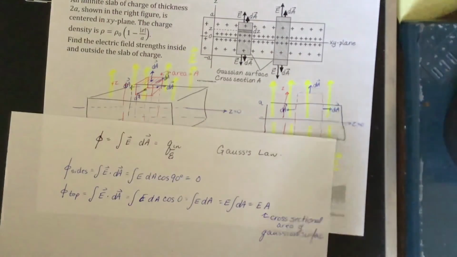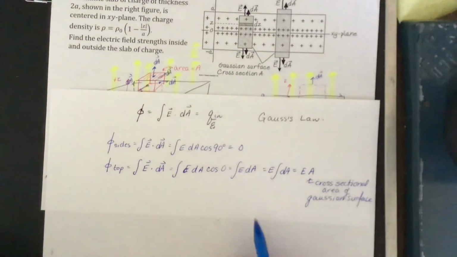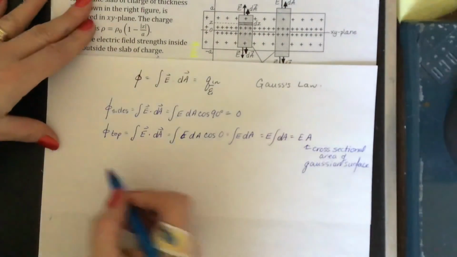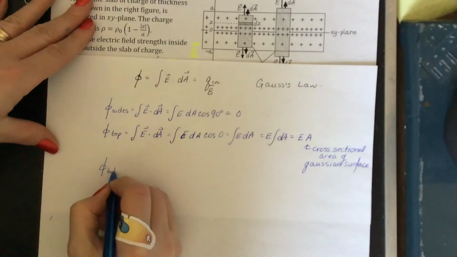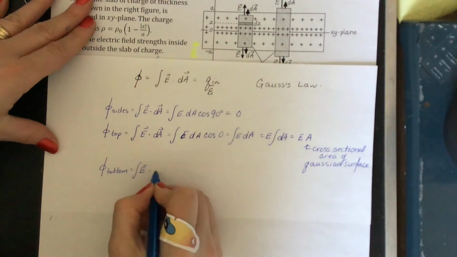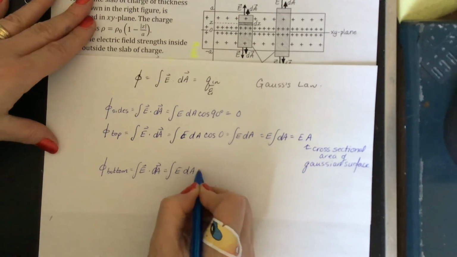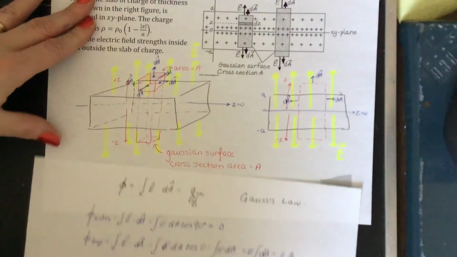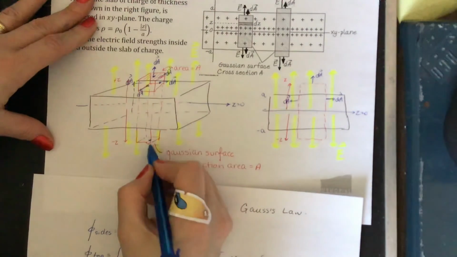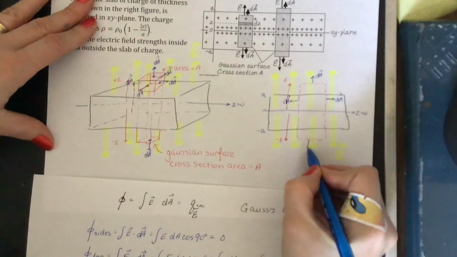Okay, so that deals with the net electric flux through the top face. What about the flux through the bottom face? That's the integral of E dot dA, which is the integral of E times dA times the cosine of the angle between them. Let's go back to our picture. On the bottom face, the area element sticks straight out. On our 2D picture, we see it comes straight down like that.